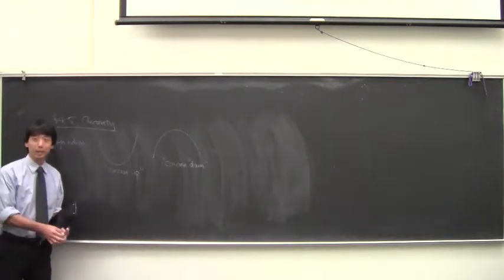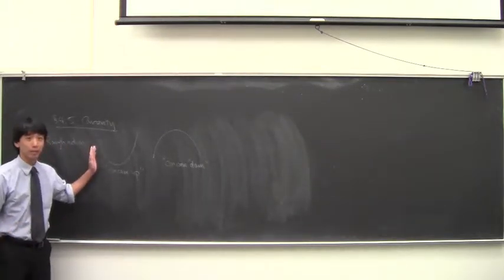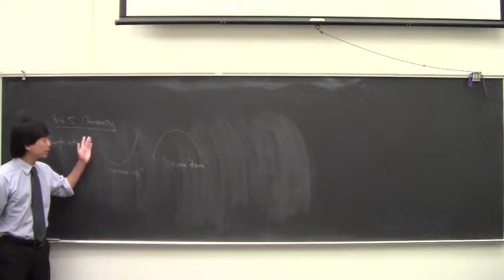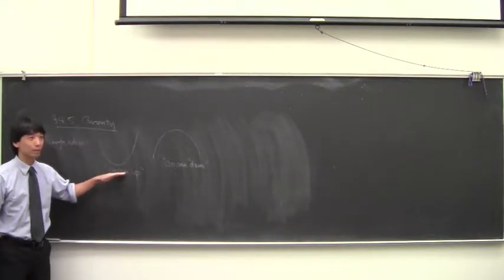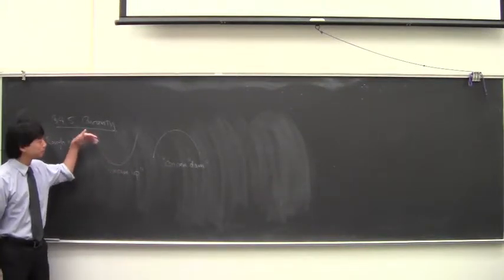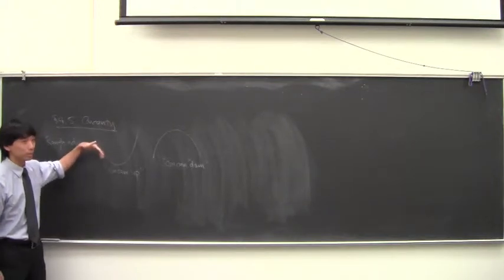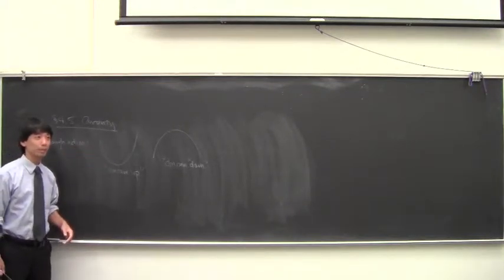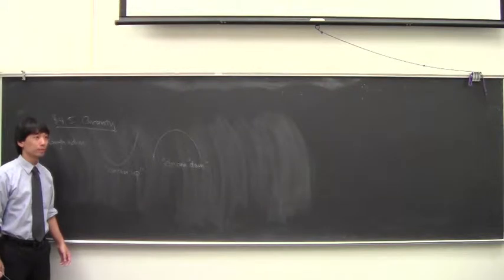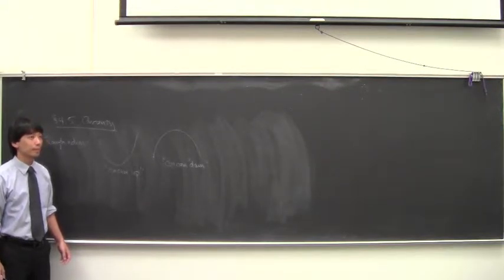Would anyone like to say anything about this graph here? How would you describe this sort of curve? Yeah, go ahead. Is it not mathematical enough to say it's initially decreasing, reaches a local min, and then increases?